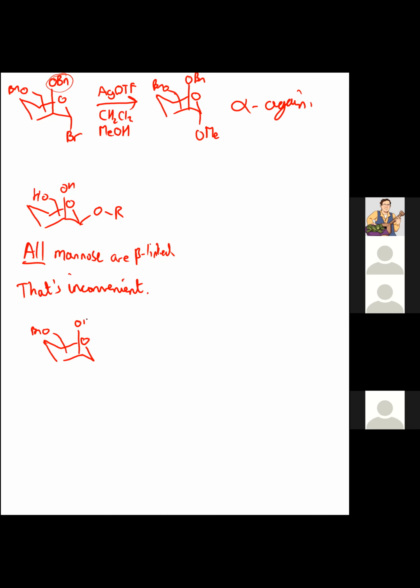This is just gonna be a lot more fun if you come up with this on your own. So if we try what the other thing we've seen, tetramethylammonium bromide, methanol, that's also going to give us alpha because, of course, the beta bromide is a lot more reactive. So that also screws us.